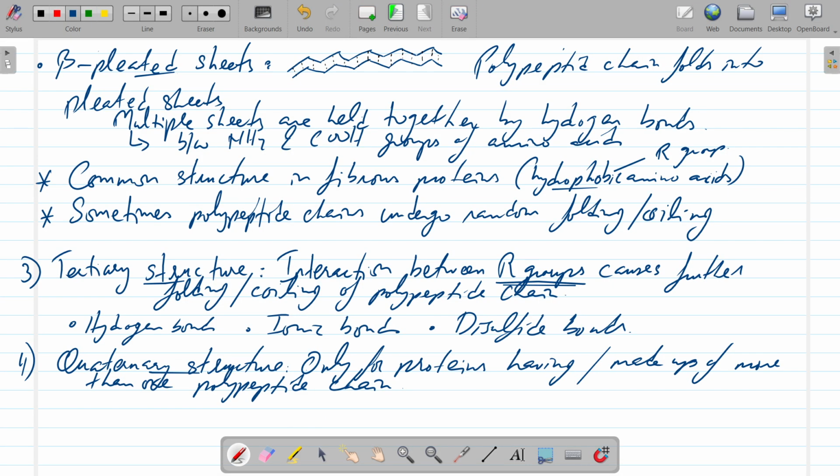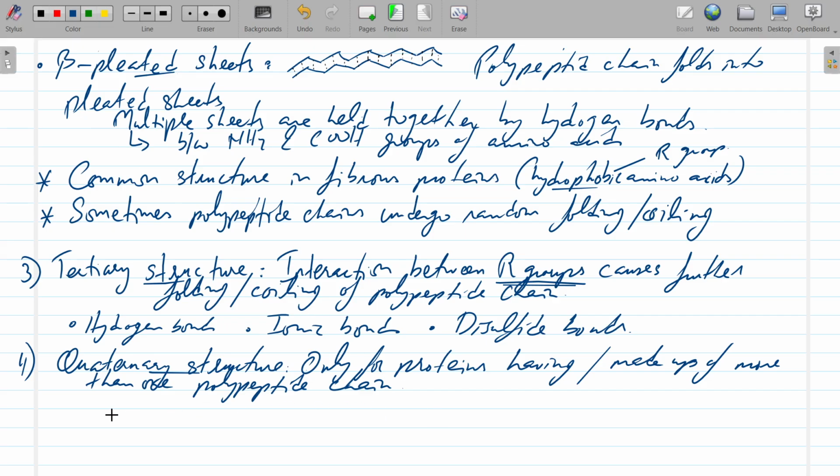And so over here again the R groups are involved, and depending on the protein obviously, multiple polypeptide chains can come together, and there's interaction between the R groups, and they fold and fit together in a particular shape. R group interactions.